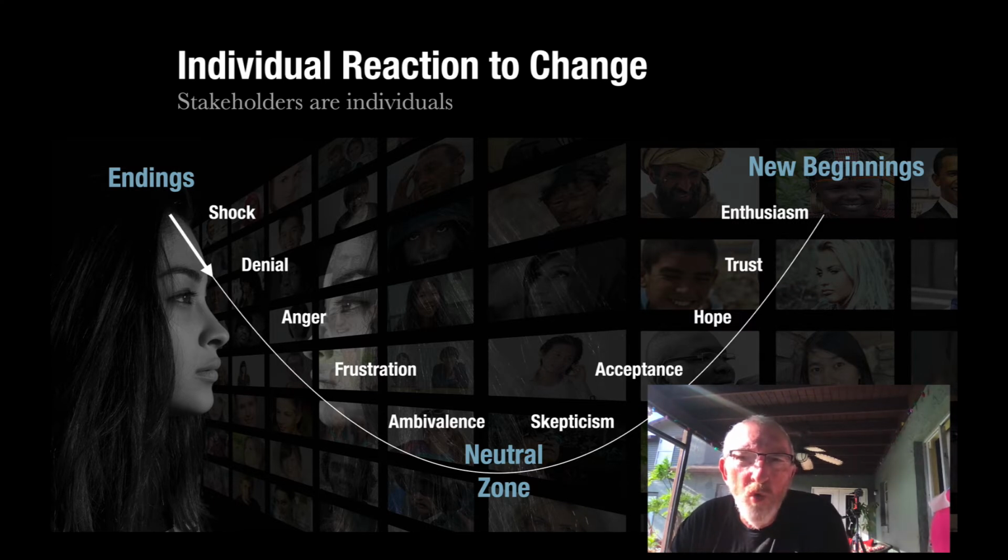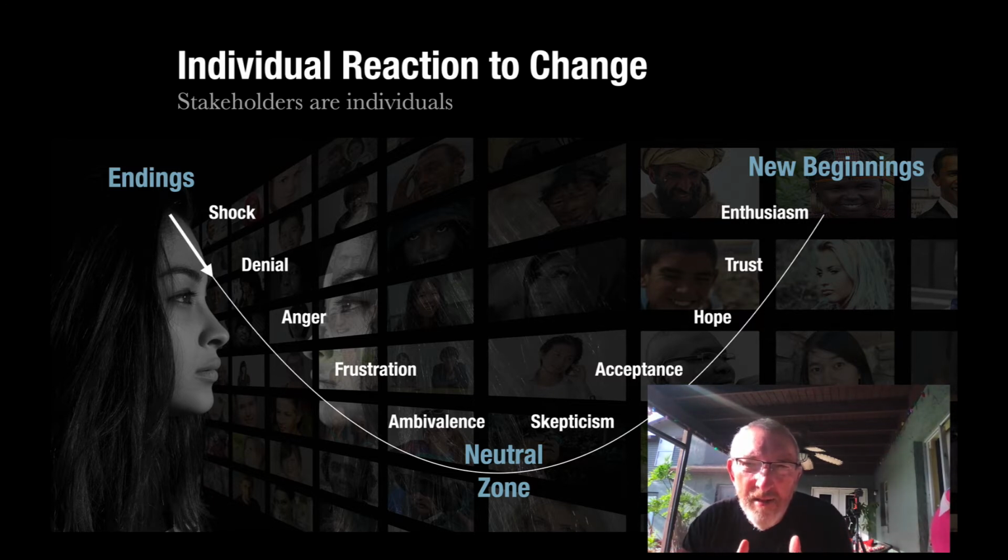So I thought it's important to understand the change cycle, or where this actually came from was the grief cycle. And this model was developed by William Bridges, a professor from MIT, and it basically talks about the fact that when there's change, you have to end what you were doing, and then you have to begin something new.